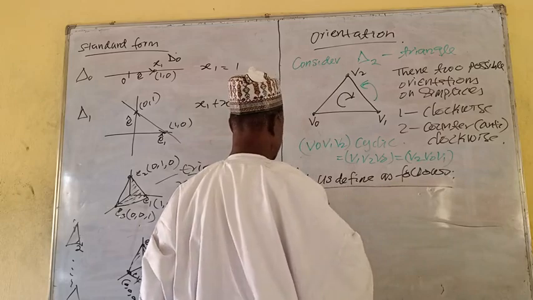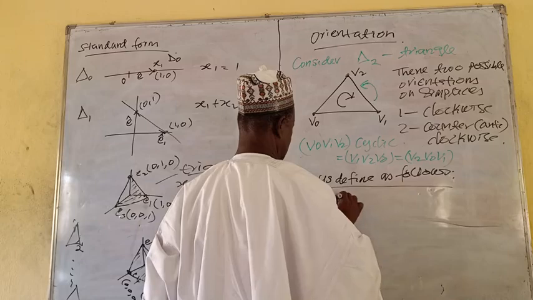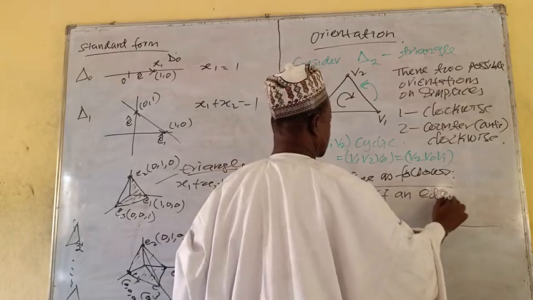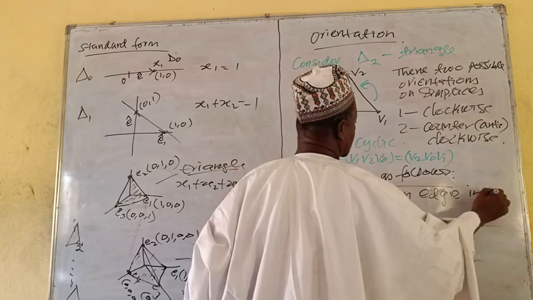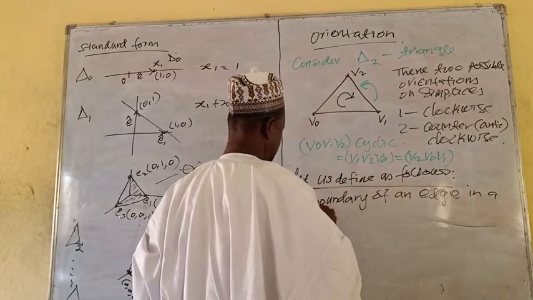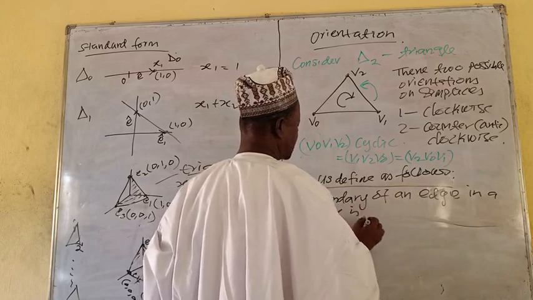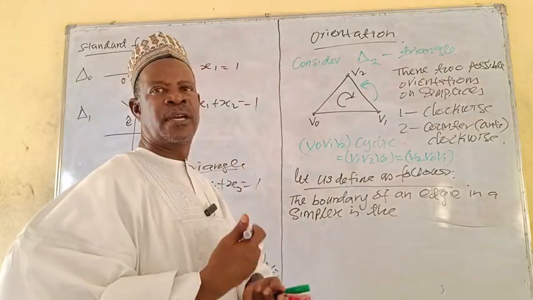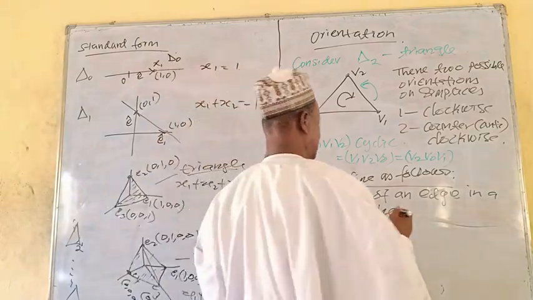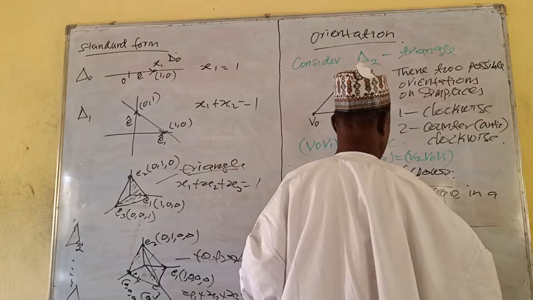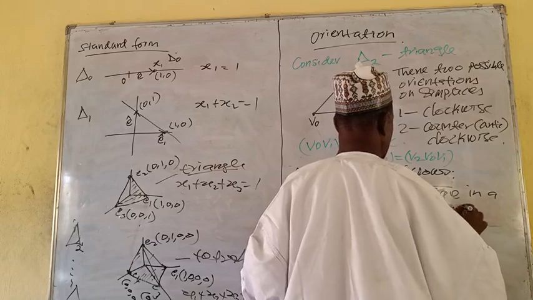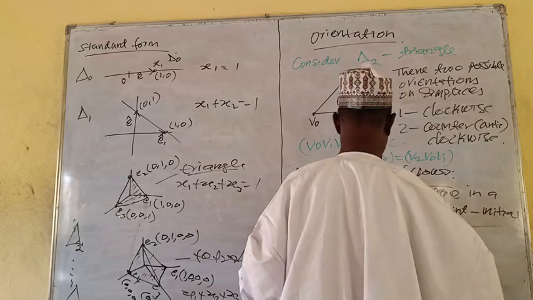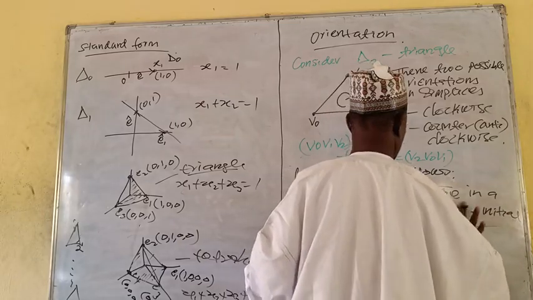The boundary of an edge in a simplex is the final point minus the initial point.